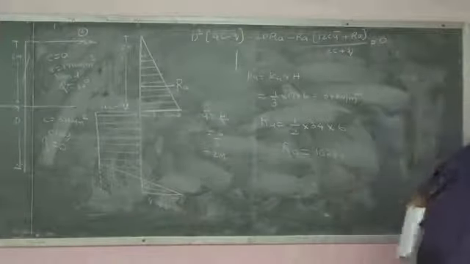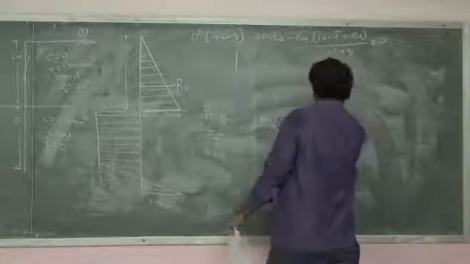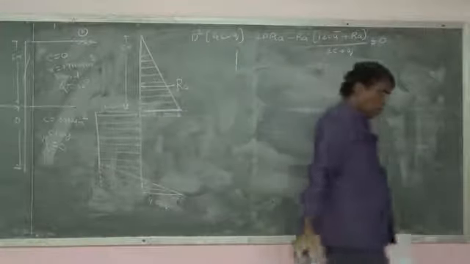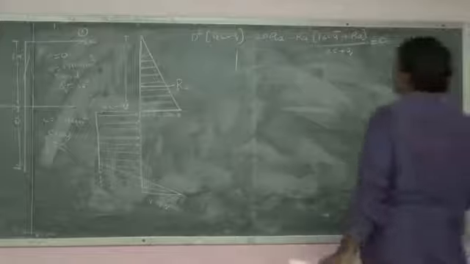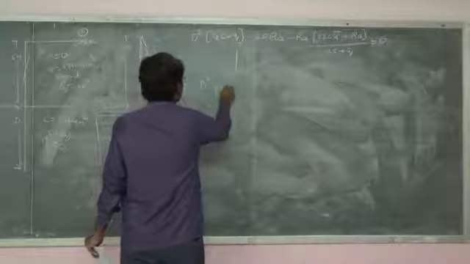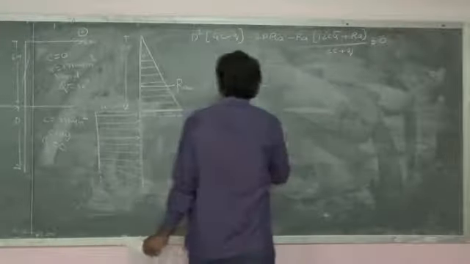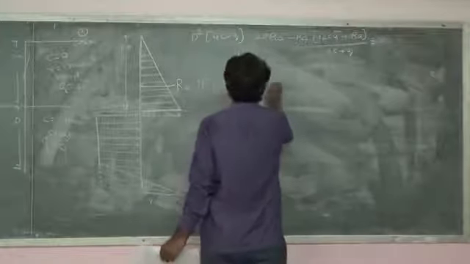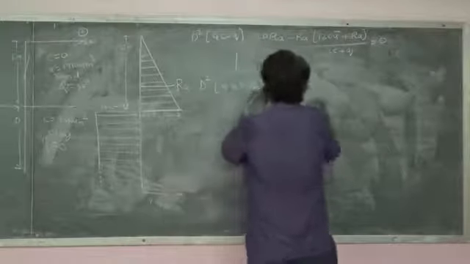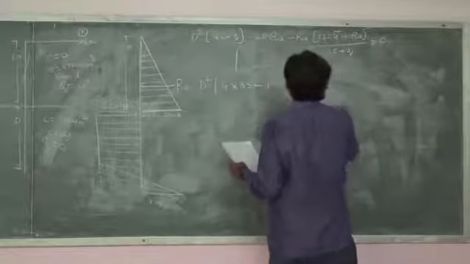Now substituting all these values, we get D square into 4 times C, which is 35, minus Q, which is gamma into H, 17 into 6, minus 2D into RA.